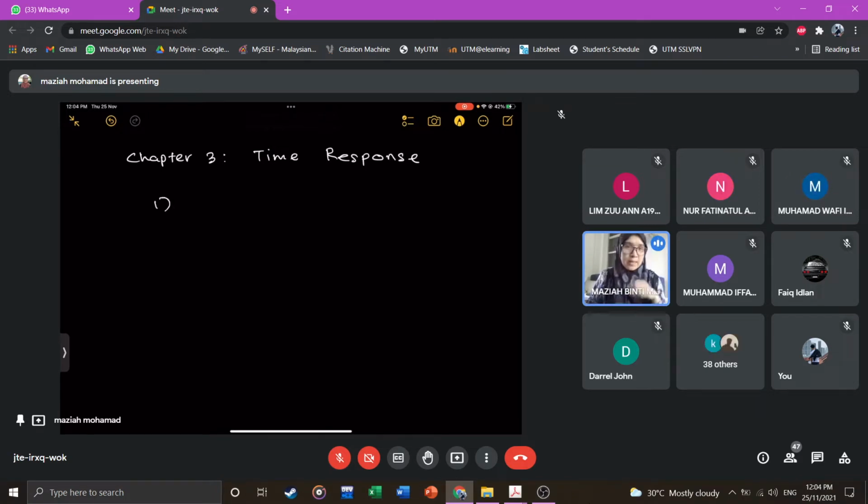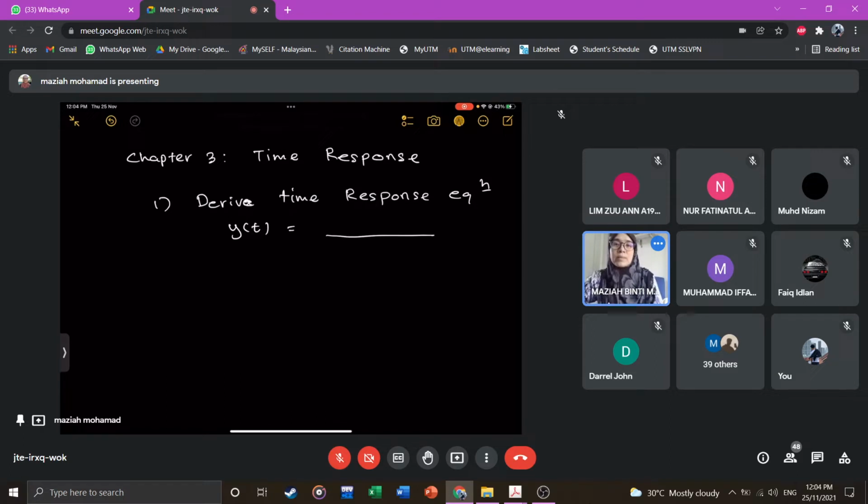In the first part of chapter 3, you learn how to derive the time response equation. So you do all the steps there, then you get the time response equation, which is in terms of y(t) equal to something. So you already did that.